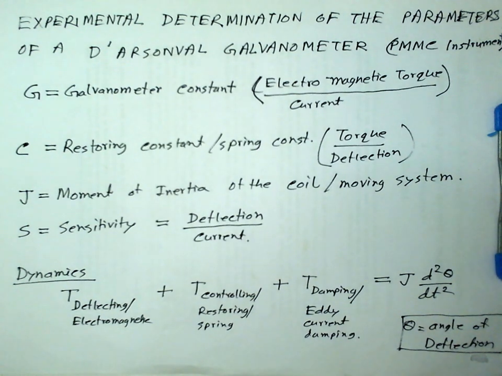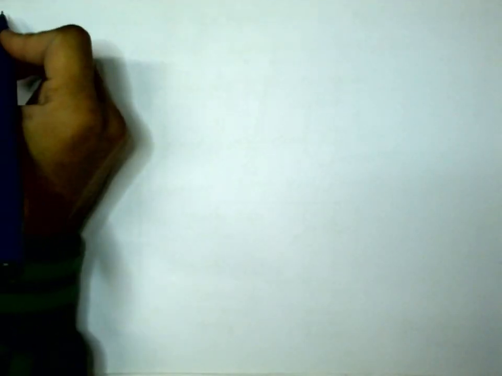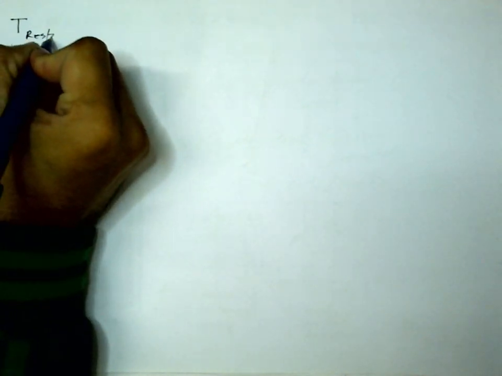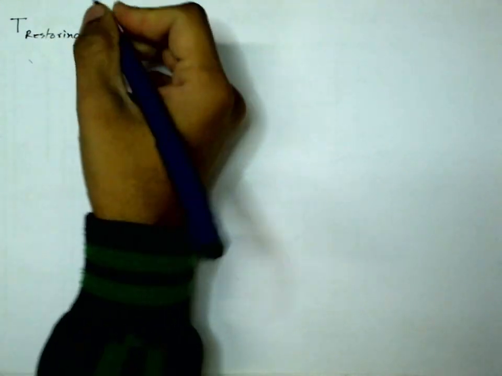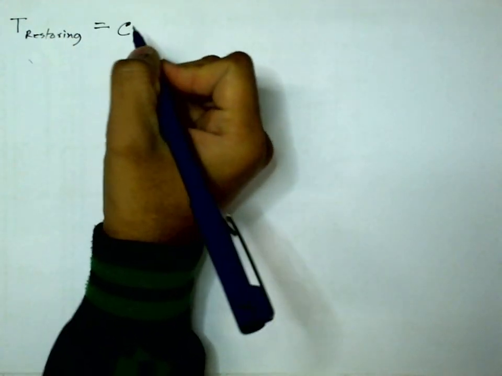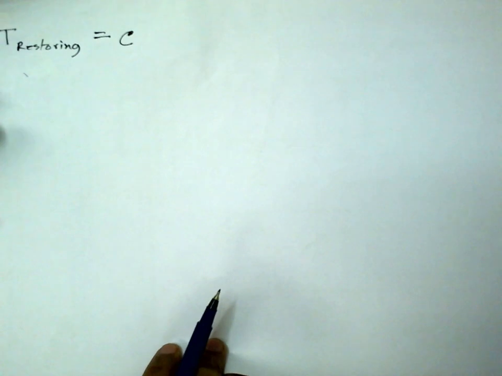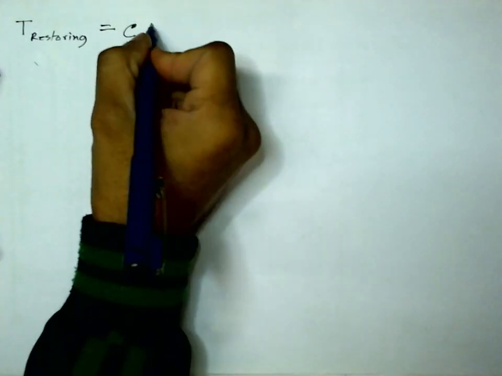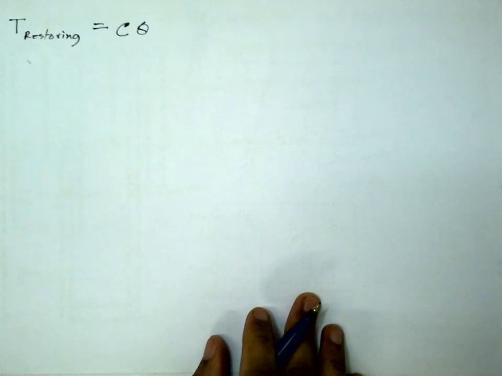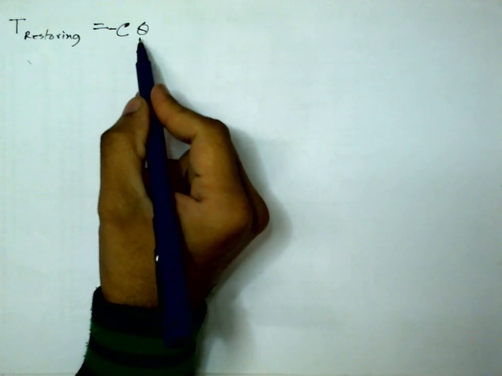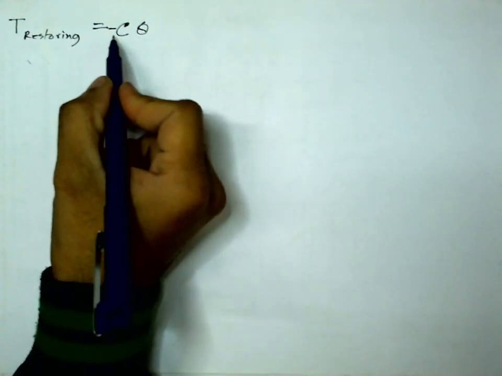Cool. Now let us write the expression for these different torques. First, T restoring is the spring constant C, that was our notation, multiplied by θ, the angle of deflection, and this always acts in the direction opposite to the deflection. It always tries to bring it back to the zero position, so I will use a minus sign.